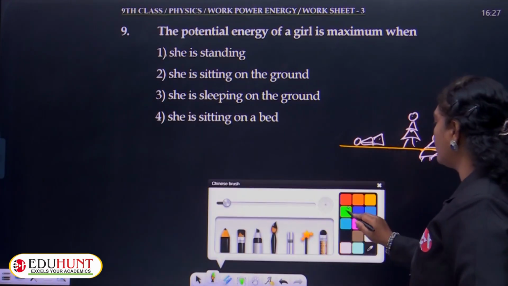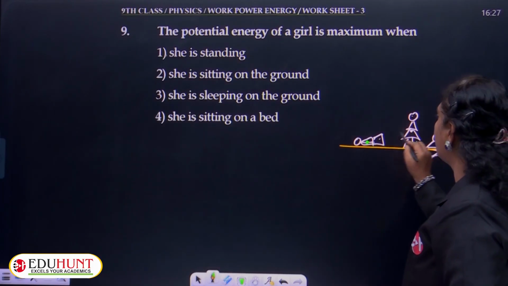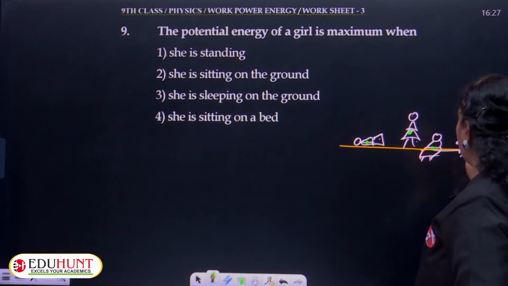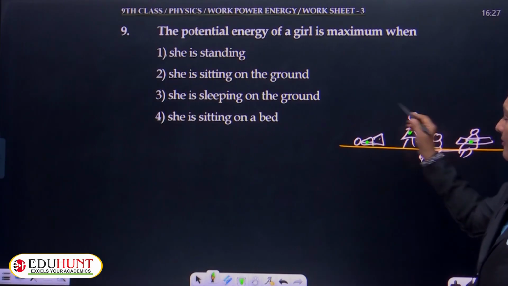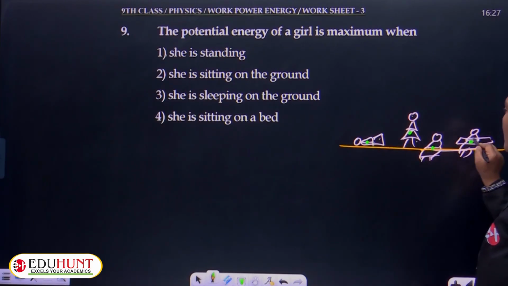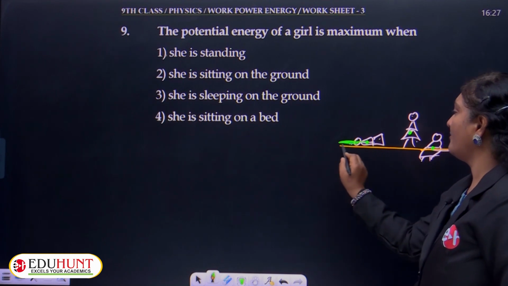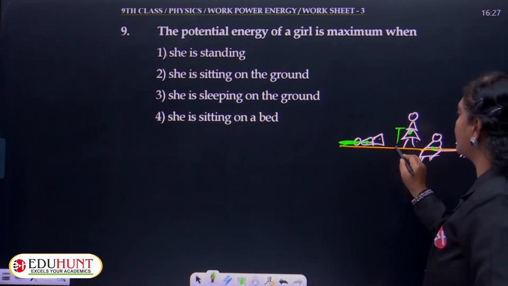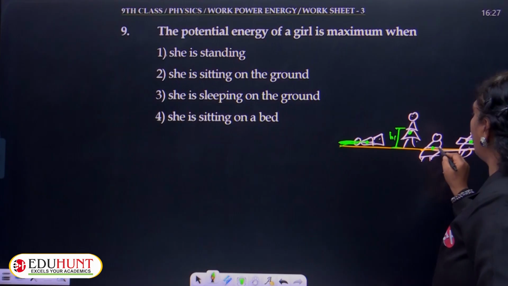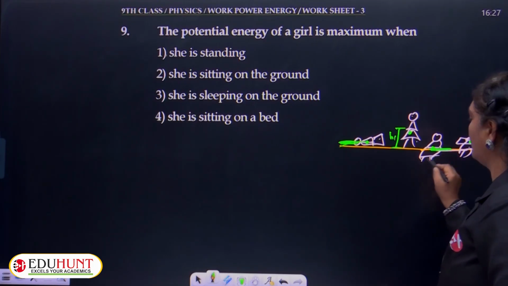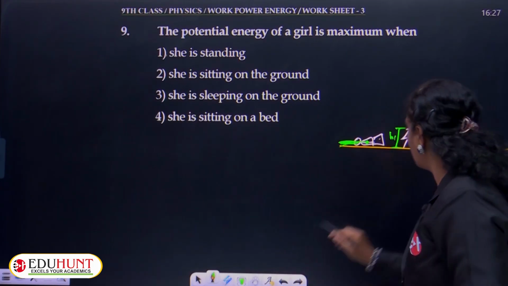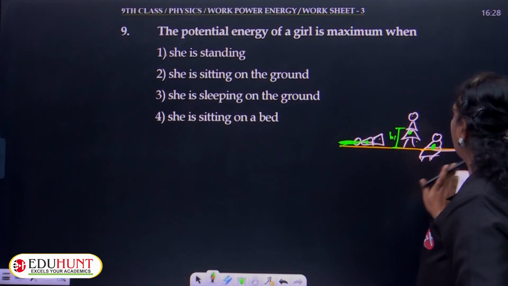In order to compare the potential energy, identify its center of mass. Center of mass means the whole weight of the body is supposed to be concentrated at its center. This is almost at the level of the ground, here is some height H1, and here is again some extension.